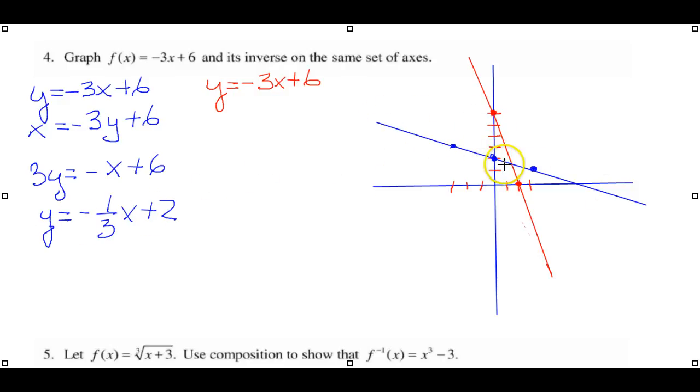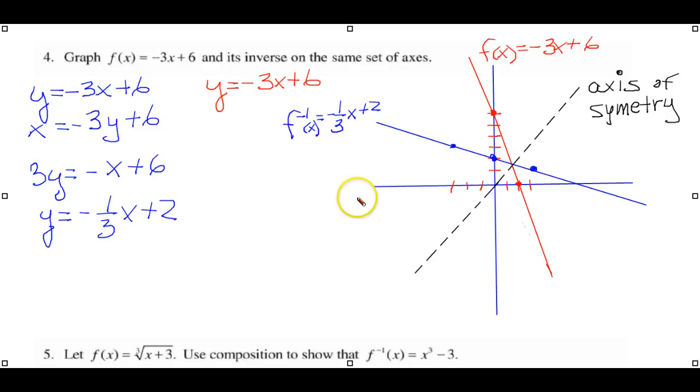and notice they're intersecting right here, and I want to put in what is called the axis of symmetry.